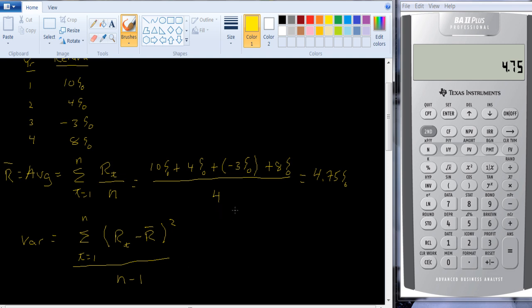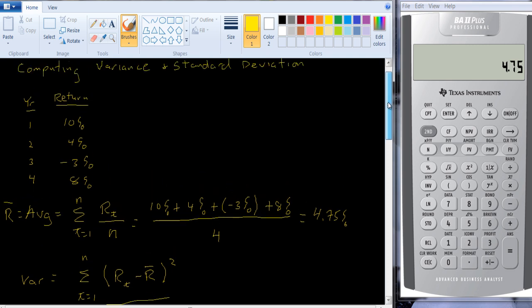Now, with a small number of observations here, that makes a difference. Of course, if you had 1,000 observations, whether you divided by 1,000 or 999 wouldn't make a huge difference in the computation. So the easiest way to do this is probably to set up a table.